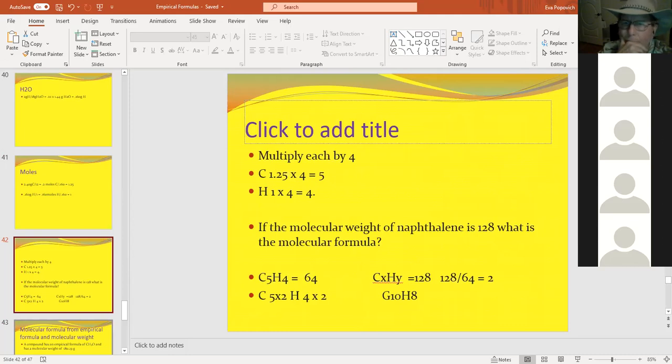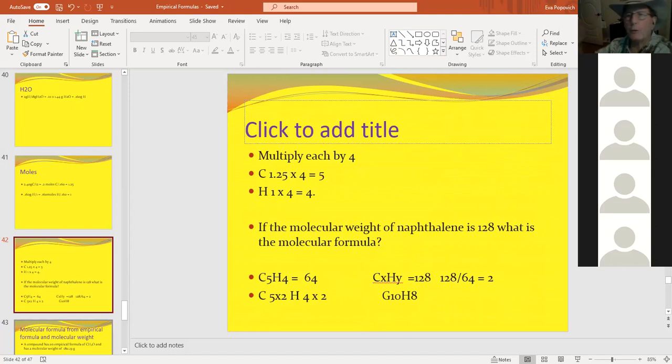When you went from a molecular formula to an empirical formula, you had glucose, C6H12O6. What did you do to get it to the empirical formula? You find the least common denominator ratio. And then what did you do with that? What'd you do to the 6? You divided by 6. Yep. When you're going from the molecular formula to the empirical formula, you are dividing by an integer. I follow.